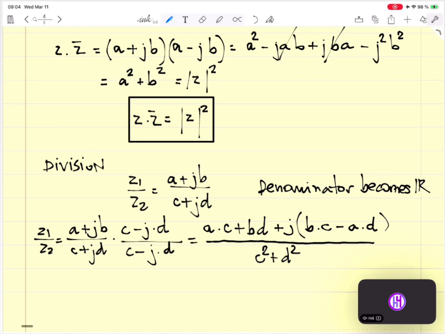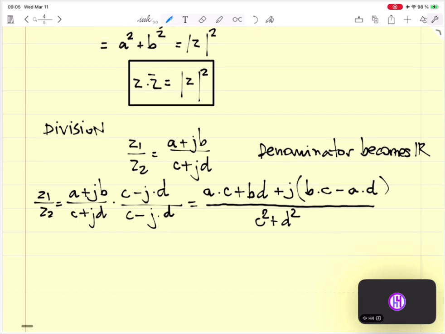Okay, so this is correct. A times C, and then J squared is minus, so plus BD. Yeah, it's correct. BC minus AD. Yeah, okay. So that's the way to divide.